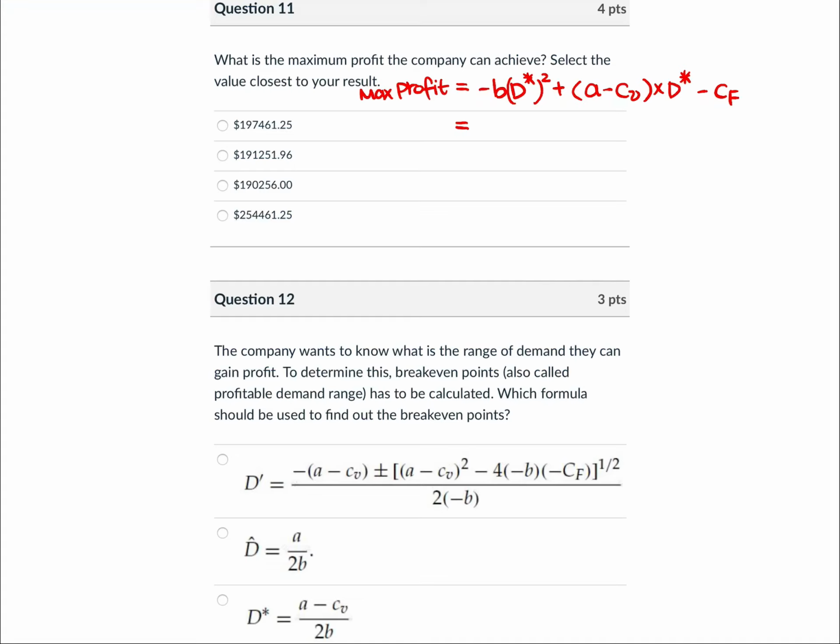Okay, and then you just replace these letters with the values. So minus B is 0.05, and D star, you just calculated it, is 4,685 to the power of 2, plus 600 minus 131.5, right, times D star again, 4,685. And you want to minus the 900,000.